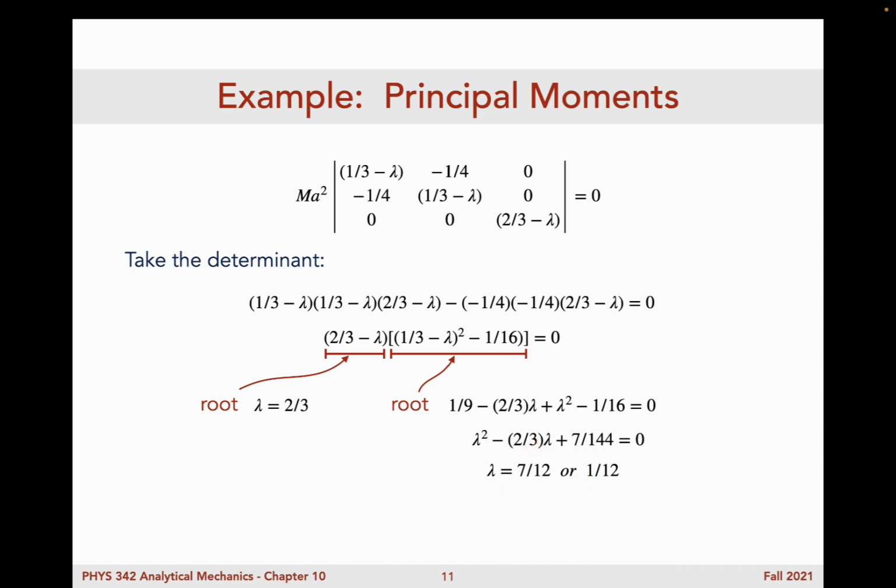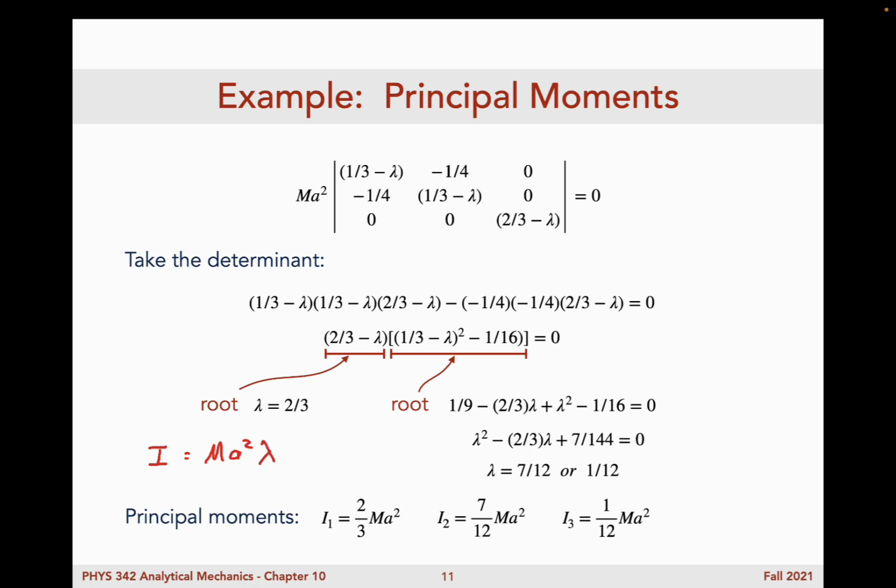Okay, so we have three roots. We've got lambda of 2/3, 7/12, or 1/12. So these lambdas let us calculate the principal moments. Remember that the principal moments were equal to ma squared times the lambda value.